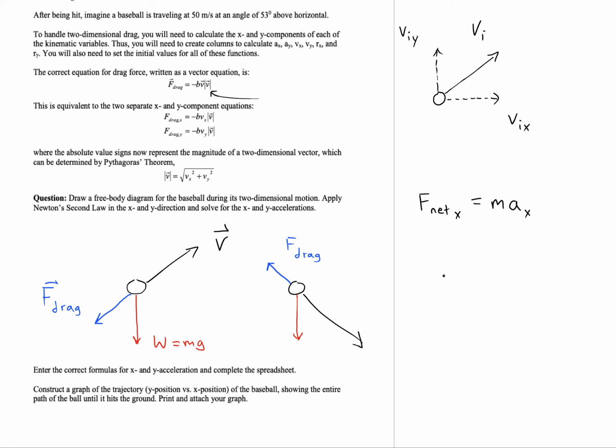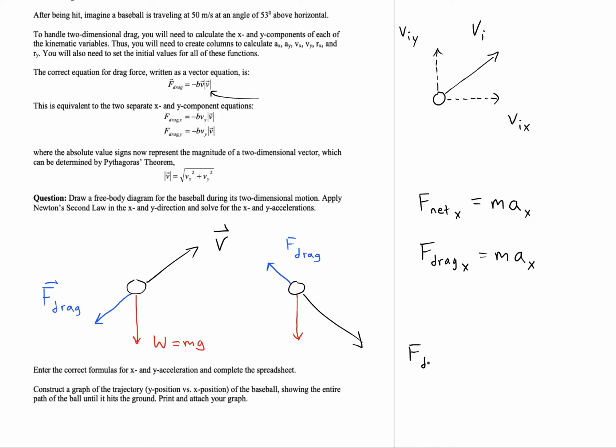All right, so what would be f net x? It would just depend on your drag. There wouldn't be any f net due to the weight because that's all vertical. So I guess you're going to have f drag x equals max. Yeah, so f drag x equals max, and then if we do the y, that's where it's a little different.